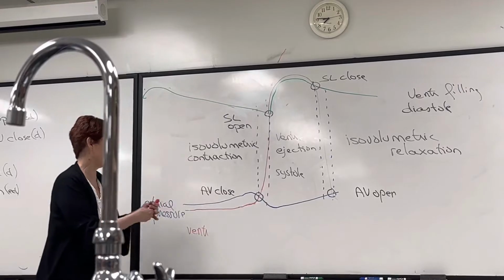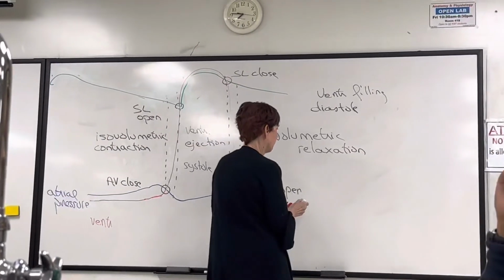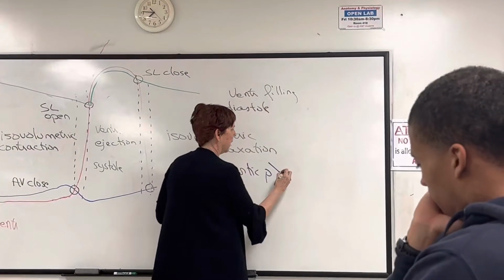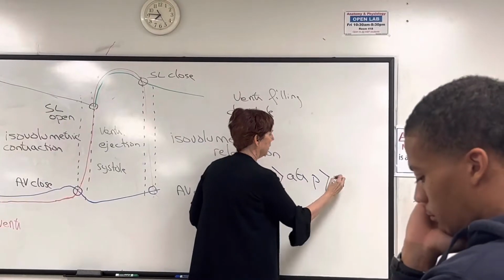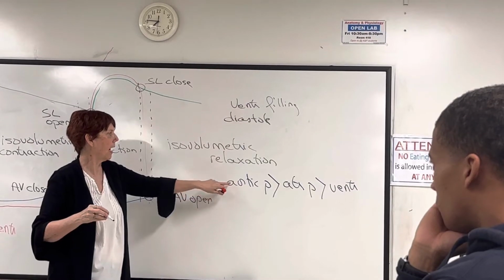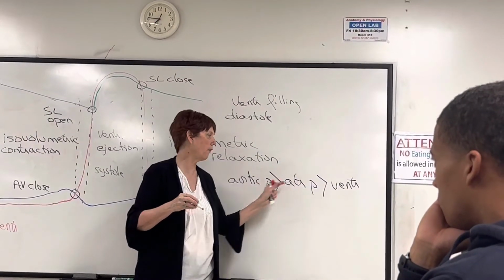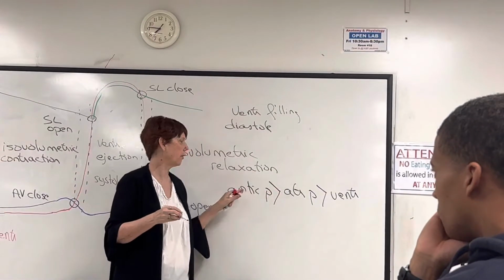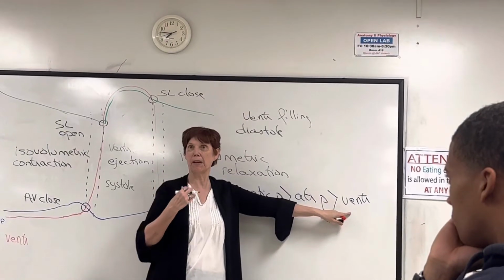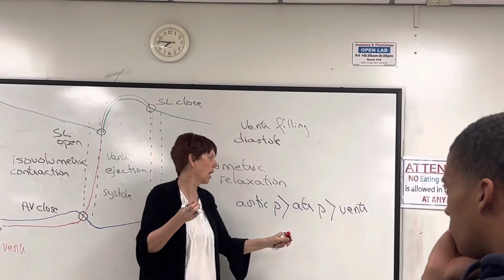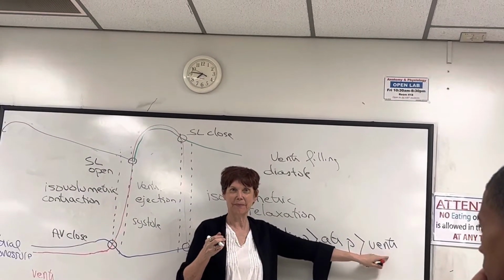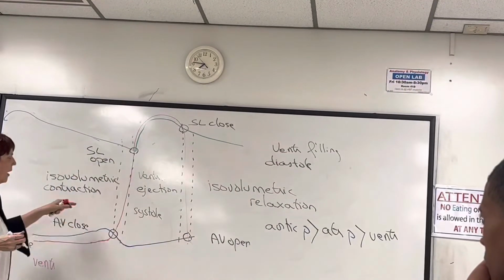So you would see that written as aortic pressure greater than atrial pressure, greater than ventricular pressure. And to read that, you're going to say, okay, aortic is greater than ventricular, because there's no valve between the aorta and the atria. So aortic pressure is greater than ventricular pressure, therefore semilunar valves are closed because blood's flowing back into those little cusps, closing them. And atrial pressure is greater than ventricular pressure, so AV valves are open. Okay? So this map kind of helps you figure that out.